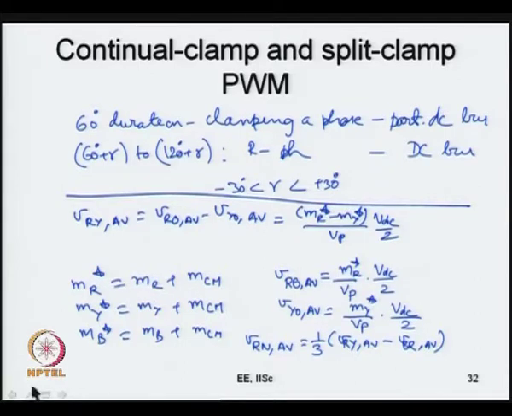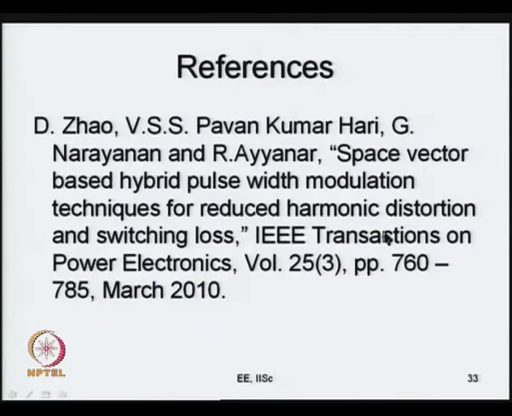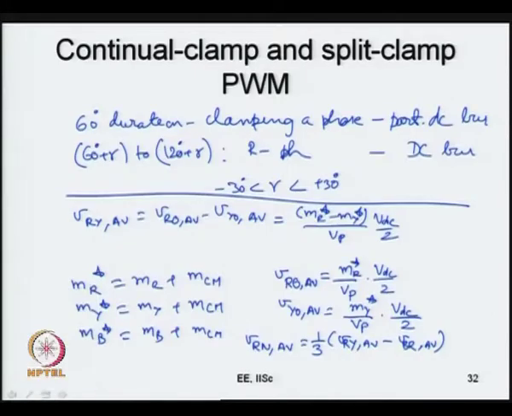MR star is MR plus MCM, MY star is MY plus MCM. So, MCM gets cancelled here. What happens is simply MR minus MY. So, this is MR minus MY by Vp times Vdc by 2.